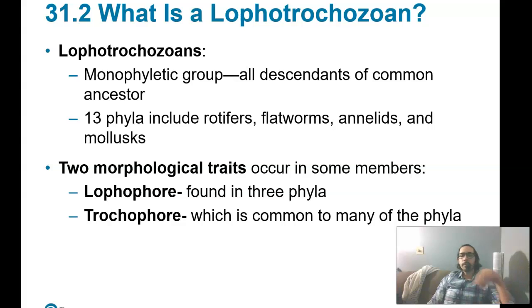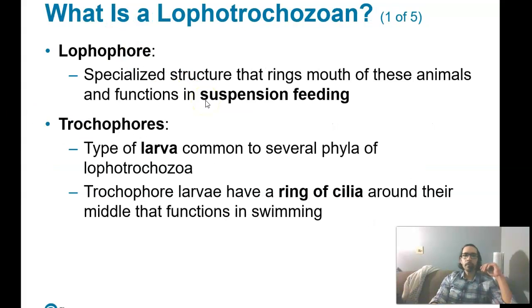So they can either have a lophophore, which is only found in three phyla, or a trochophore larva, which is found in many phyla. Okay. The lophophore is a feeding structure that some of the lineages have. Okay, so the lophophore is specialized for feeding.